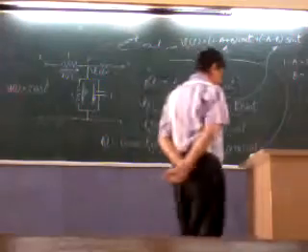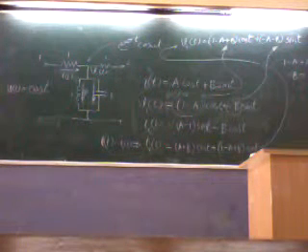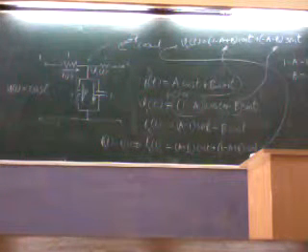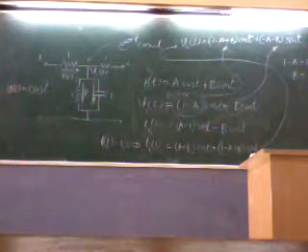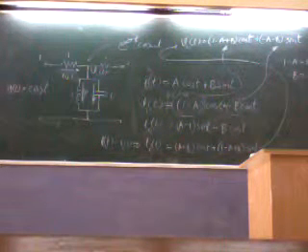So find out values of A and B. What are those? 0, 0.